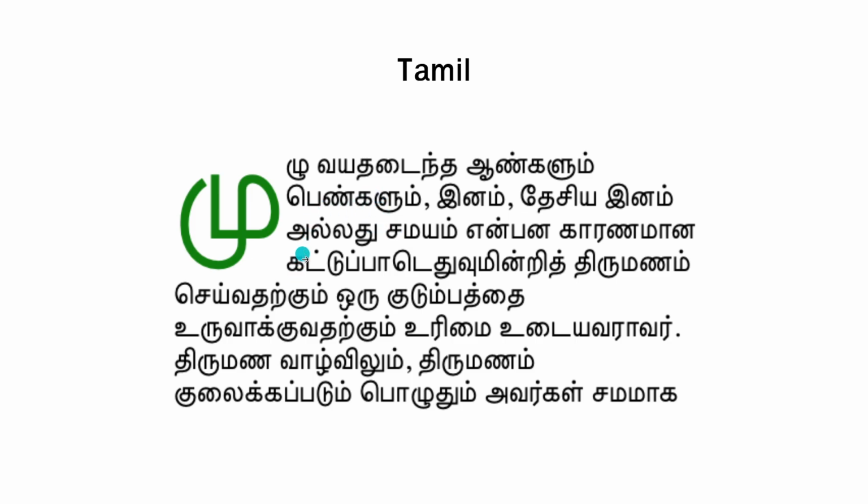The biggest clue for this language is the 90 degree angle right here. You can see sharp 90 degree angles everywhere. It's not really found in any other languages, so I think this is the biggest giveaway for Tamil.